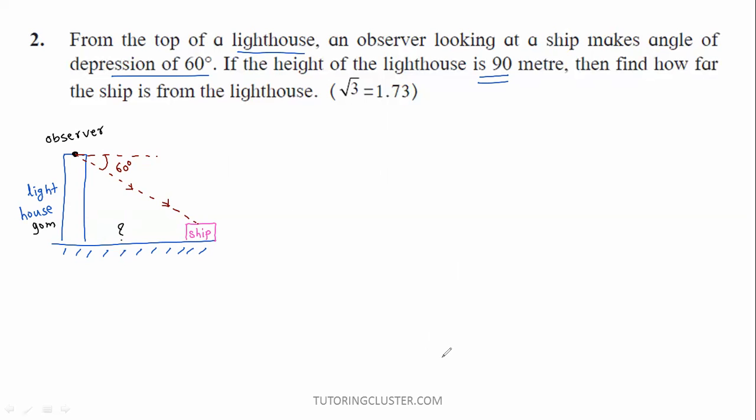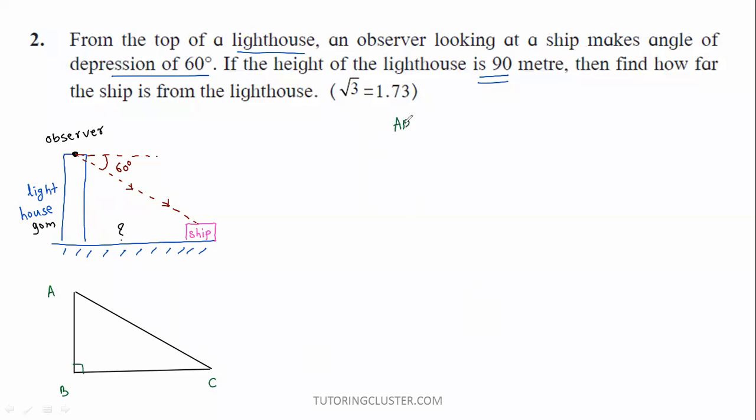If I have to draw the line diagram, let's say this line represents the lighthouse. Then this is going to be your ground, and this is going to be your line of vision. If I name this, let's say this is ABC. Now what does AB represent?